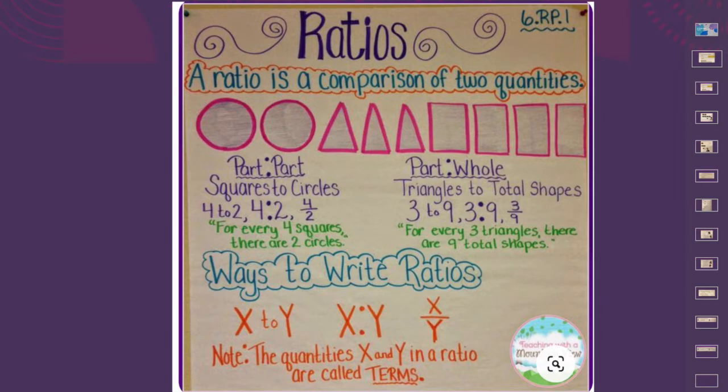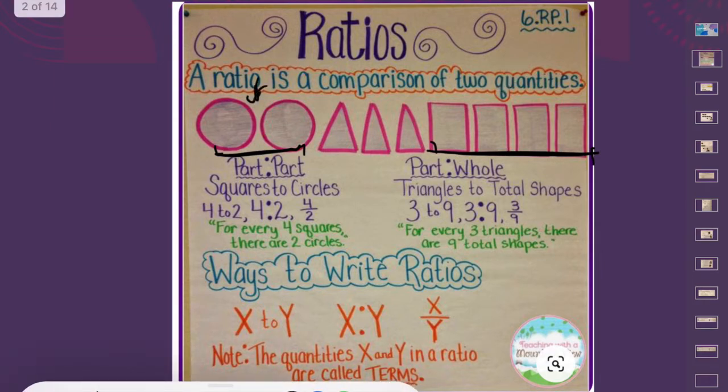If we were going to compare the circles to the squares, this is one set, and here is another set. We're comparing those two sets together. They're both part of the whole, but we're comparing the two parts to each other. So that would be a part-part ratio.